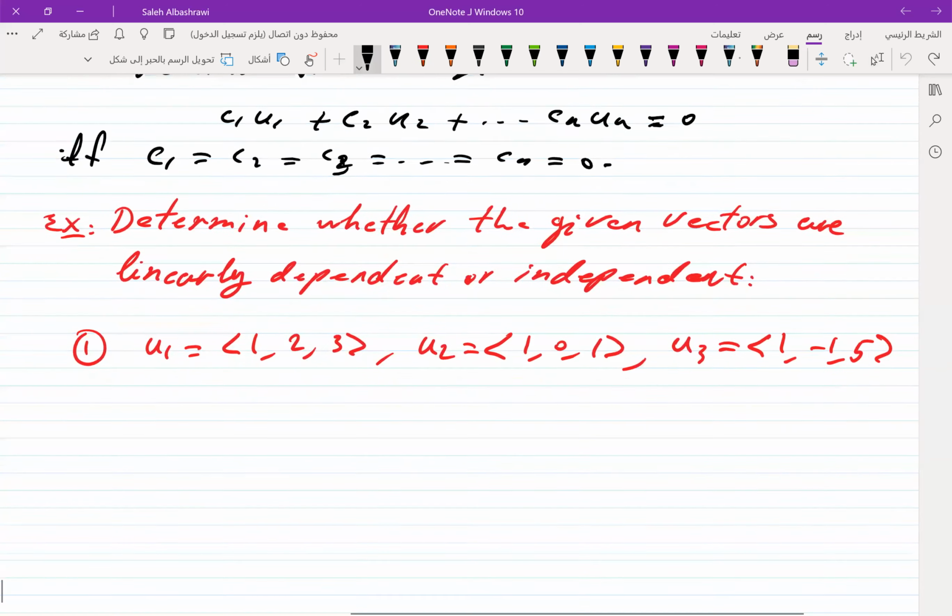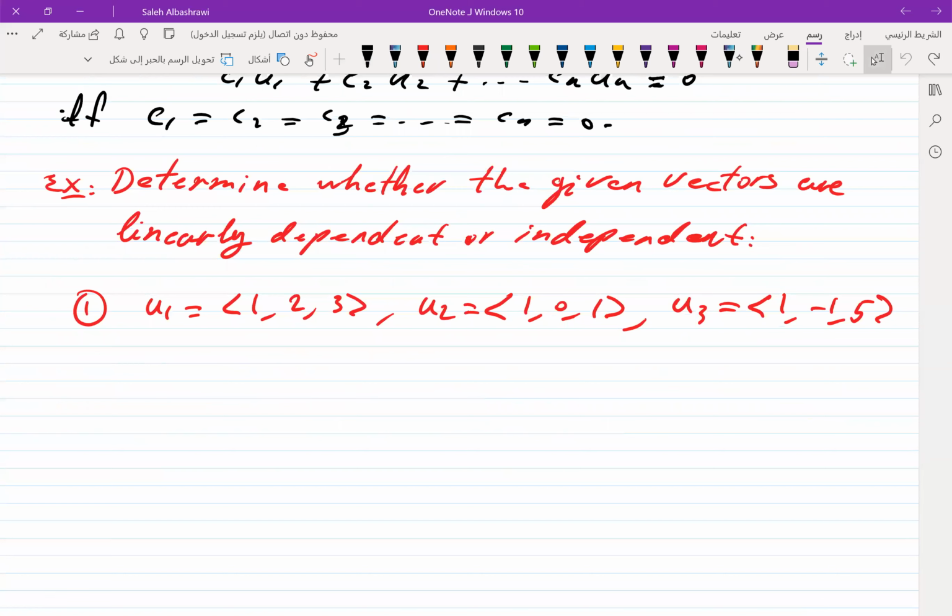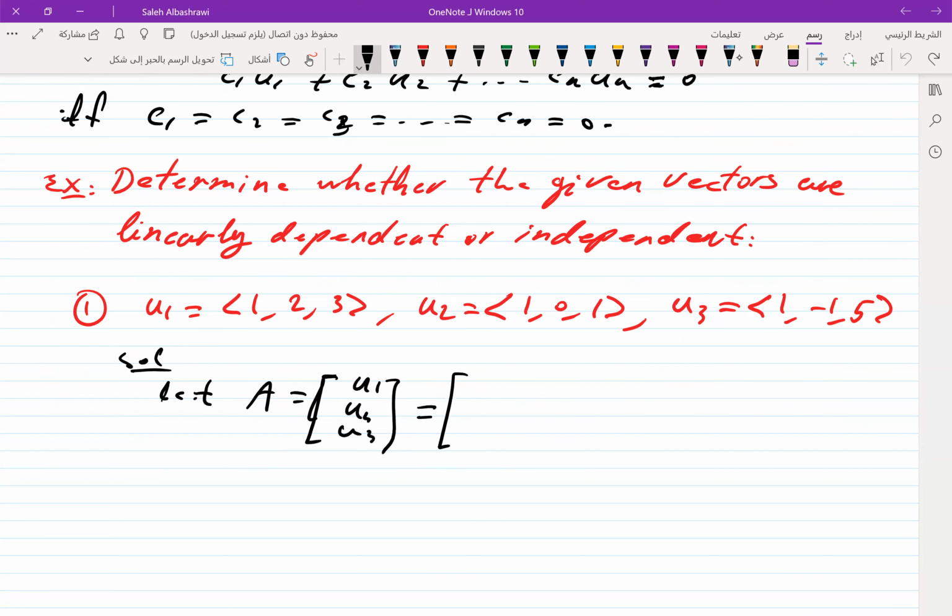We'll create a matrix from these vectors. Let A equal the vectors u1, u2, u3, which is equal to 1, 2, 3. This is the first vector. The second one is 1, 0, 1. The third one is 1, minus 1, and 5.